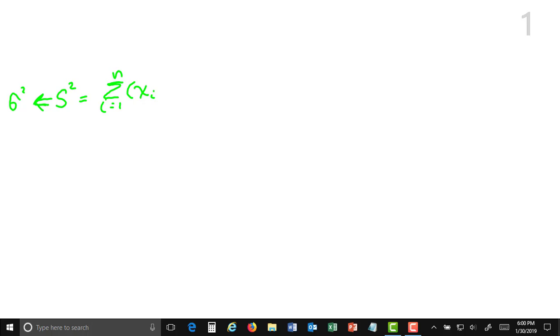And then I'm going to subtract what from each observation? I've already done this before, and I have this divided by n minus 1, right? Now, notice that n minus 1 has no counter on it. It's a fixed number. Do you see that?